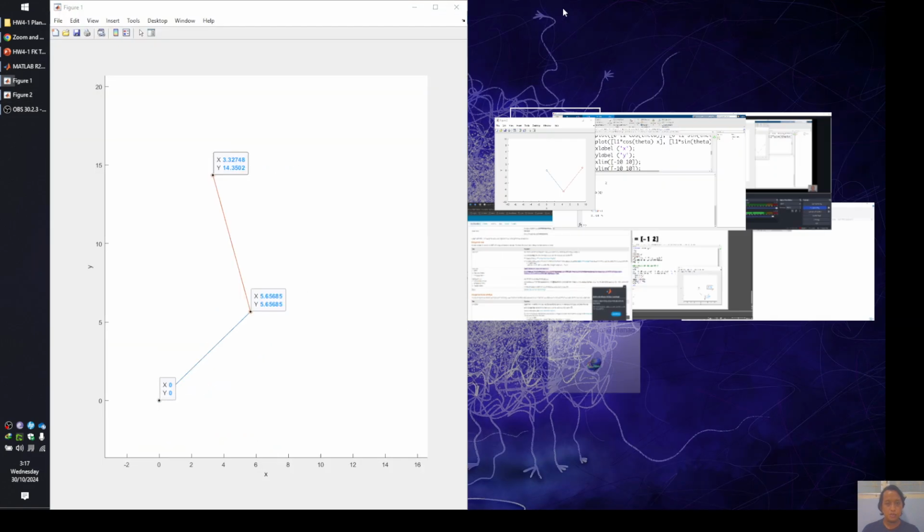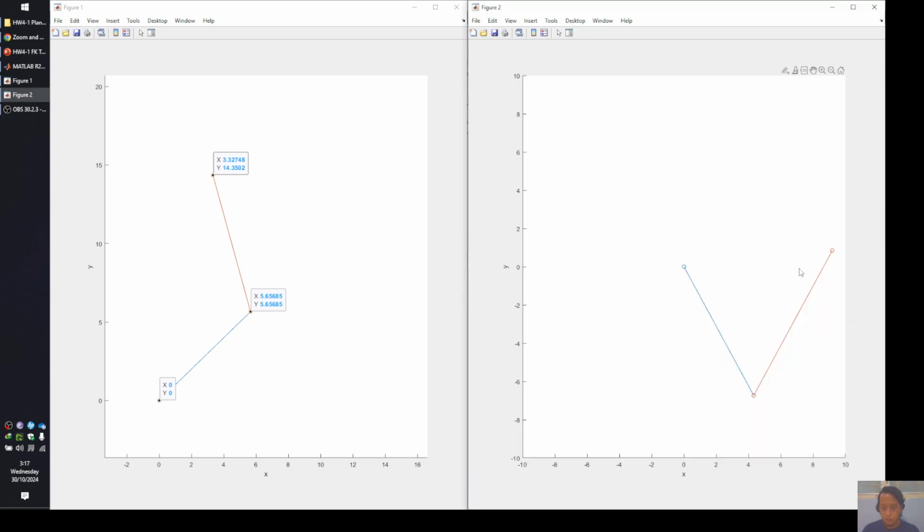This is the first one, and this is the second one. This is 0, 0, and this one is the position from link 1.